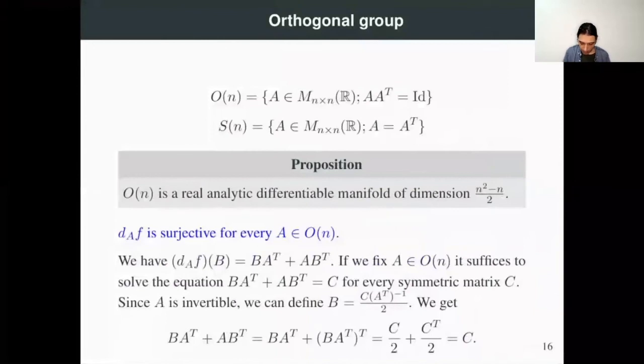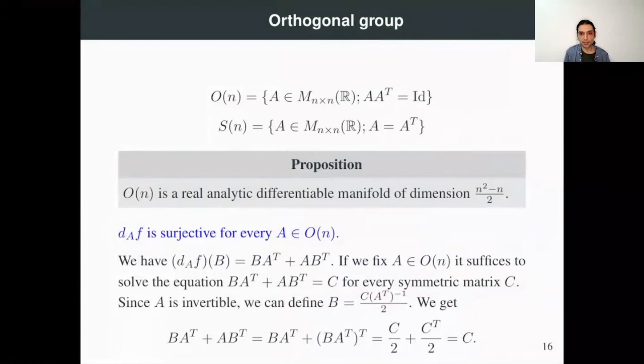So if we fix A in the orthogonal group, it suffices to solve the equation B times the transpose of A plus A times the transpose of B equals C for every symmetric matrix C. If you are able to do that, then that implies that this map over here is surjective for every A in the orthogonal group, and in particular, the identity is a regular value, and we are done.